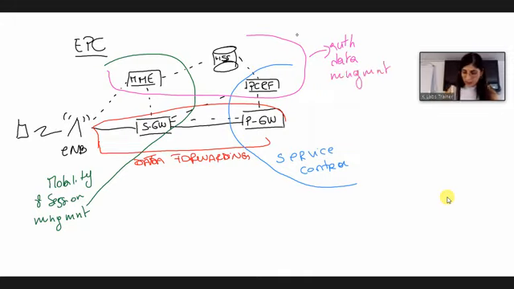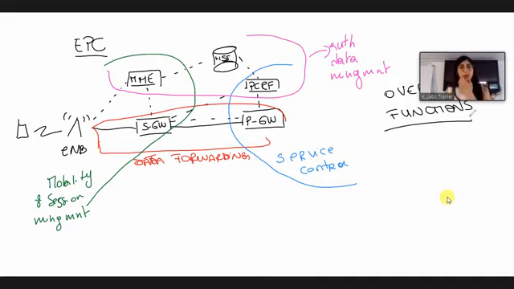So we can see from here that we have some overlapped functions. So this is the structure of the 4G core network.